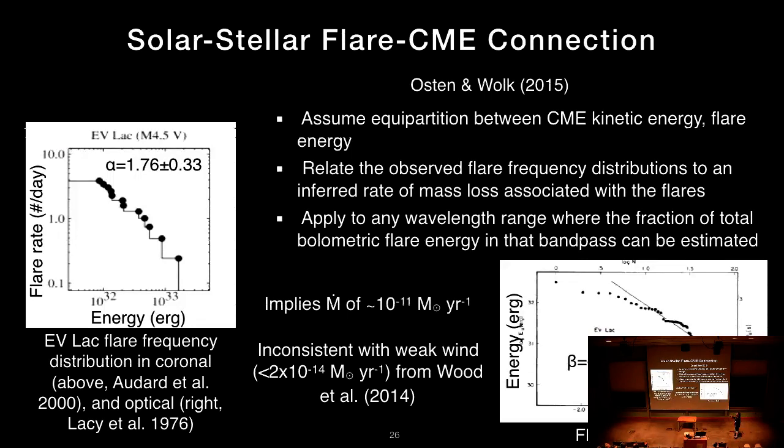And it is also inconsistent with the one indirect method we have for detecting mass loss from stars. So there's one interesting result that suggests that maybe applying these scalings on stars in a one-to-one fashion, as we've done for the sun, might not work.